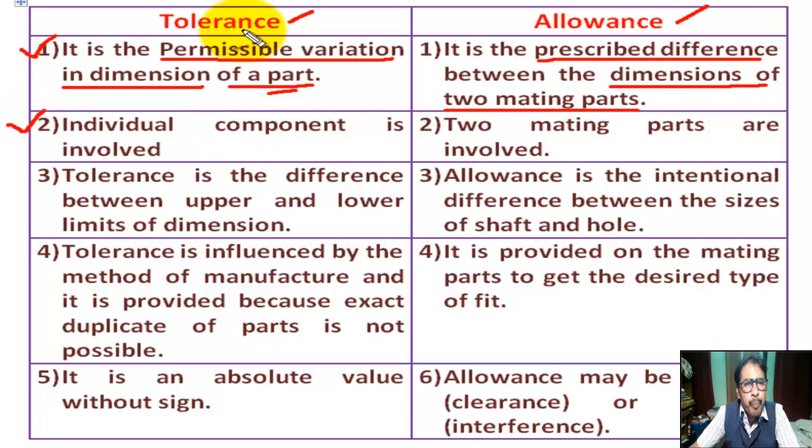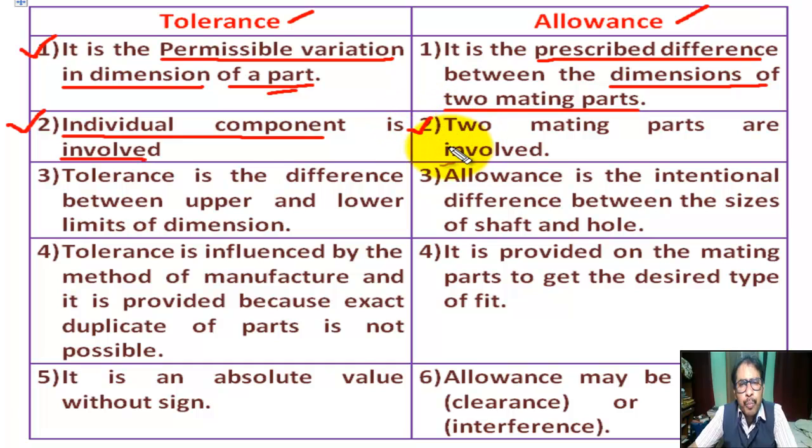Number 2, for tolerance, an individual component is involved. Tolerance applies to a single part, which may be a hole or shaft.